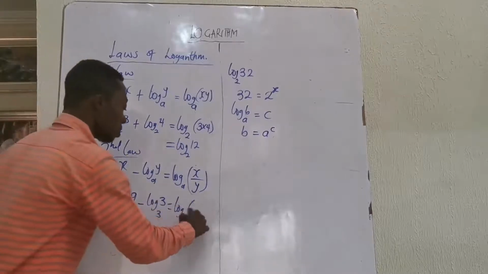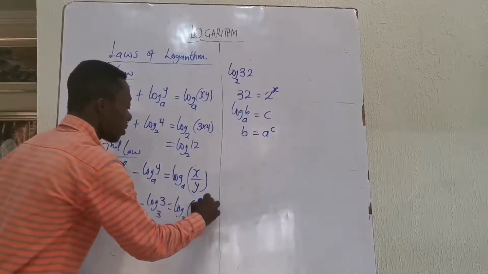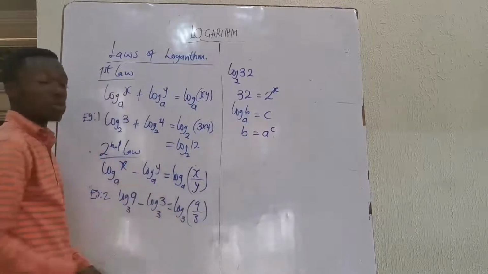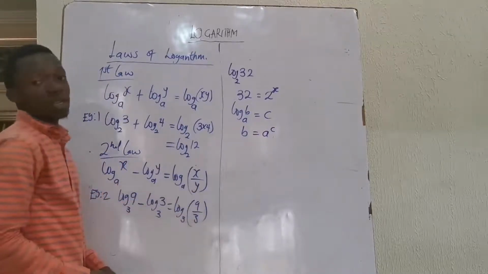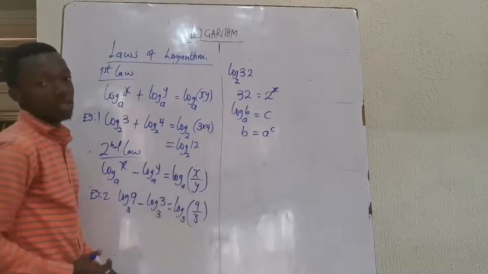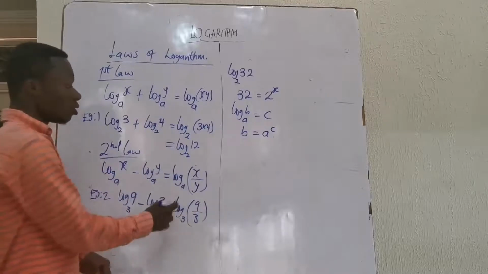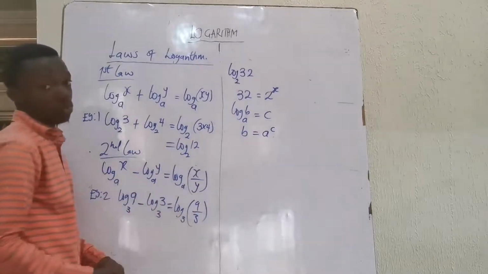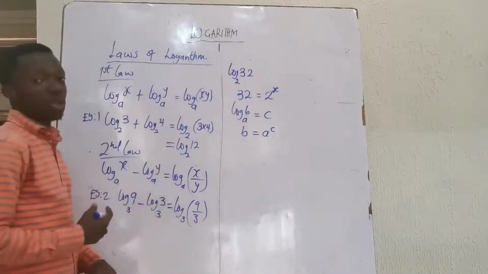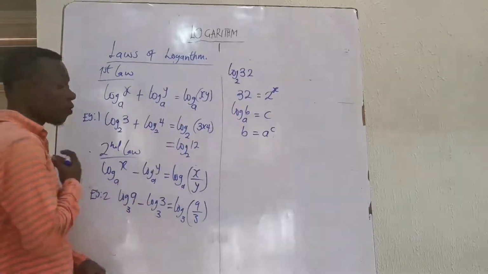So it becomes 9 divided by 3. At the end of the day, when you manipulate this whole term, the answer you're going to get is going to be the answer in that case. But here we are trying just to explain the laws. So that's the second law of logarithm.